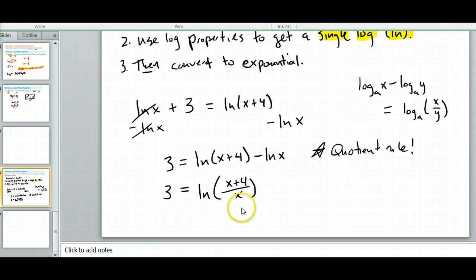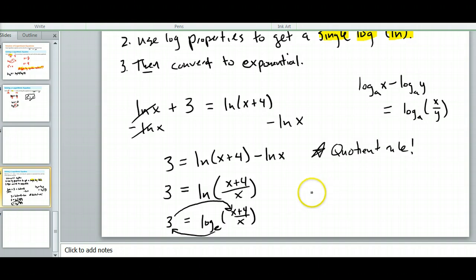Now, if you need to, remember this is log base e of x plus 4 over x. So don't forget that, because we're going to transform it into an exponential by taking this base, going across the equal sign to get our exponent, and then coming back, setting it equal to the input.